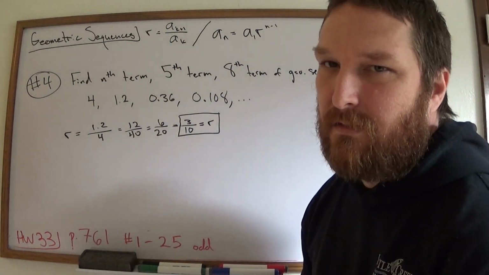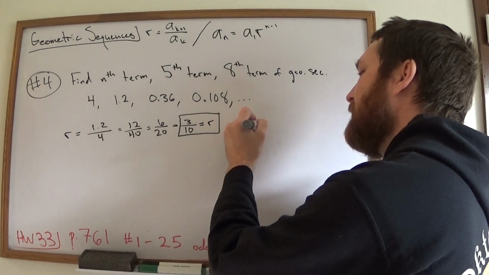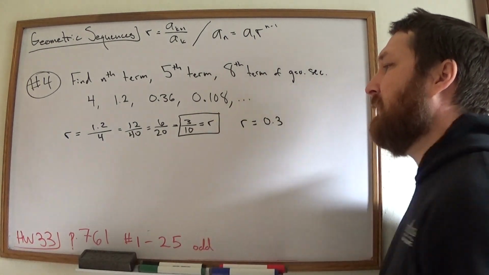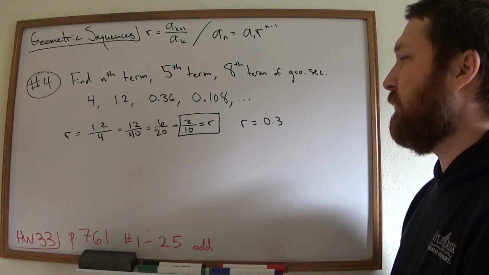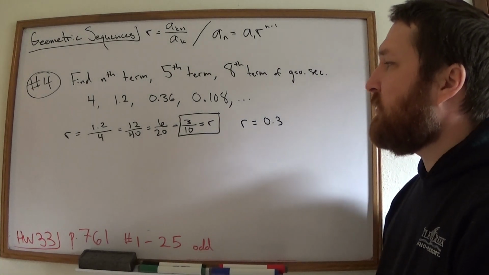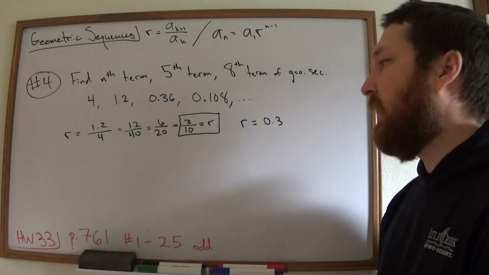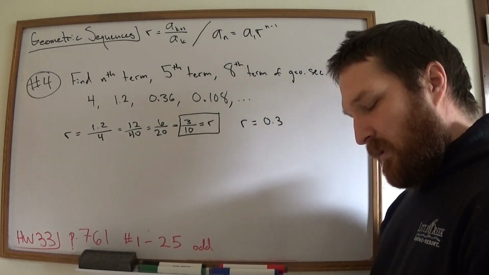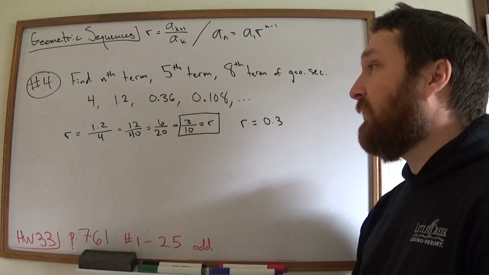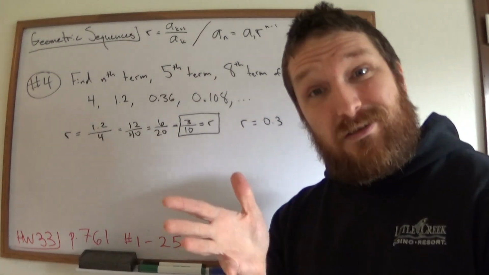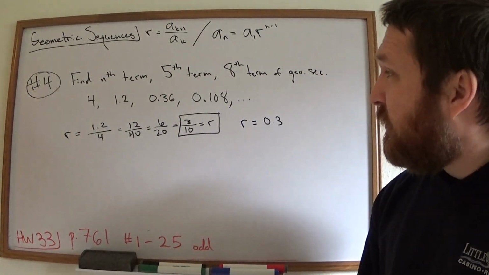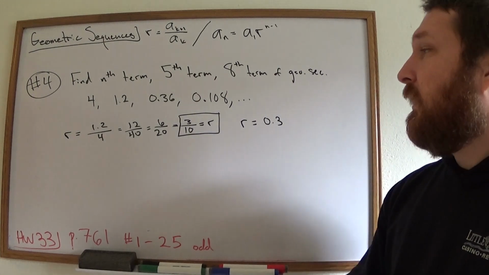So maybe you want to answer it in decimals. I think 3 divided by 10 is 0.3, last time I checked. So if you want to go down that route for this one, since they gave you decimals, okay. But I'm telling you, especially later on today, when you see what we're going to do, fractions are going to be much easier on you. So if you want to do it in fractions, that's cool too.